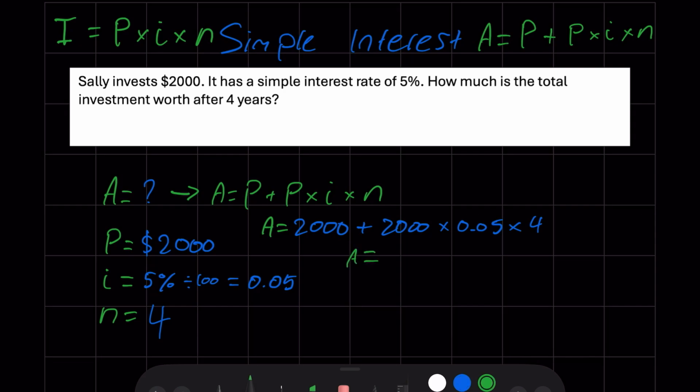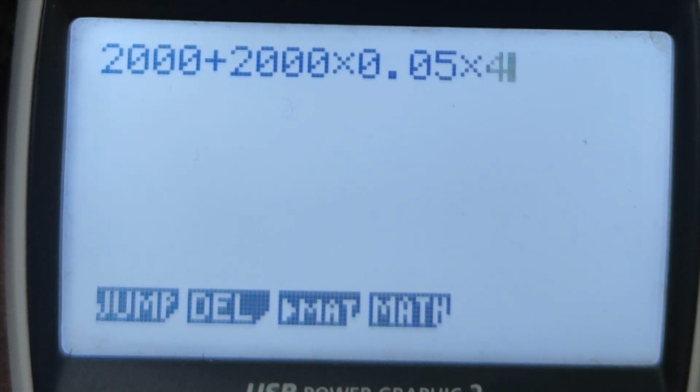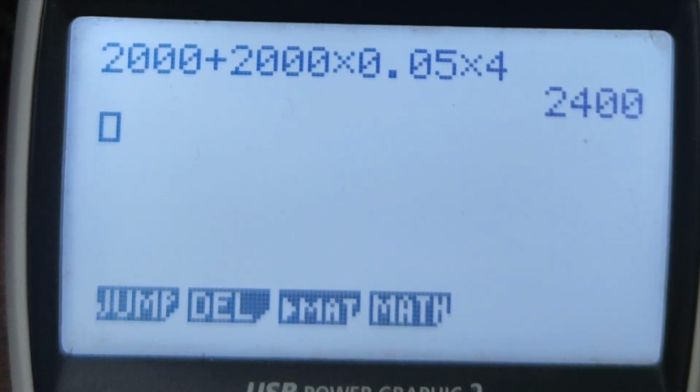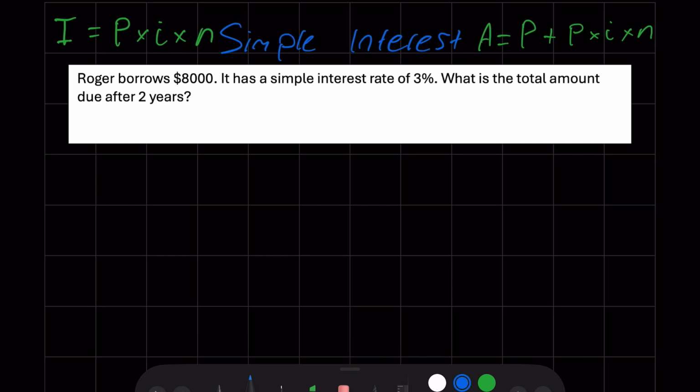So I'll put this in my calculator. 2000 plus 2000 times 0.05 times 4. And this equals $2,400. $2,400. So that is my final answer there. The total investment is worth $2,400 after 4 years.